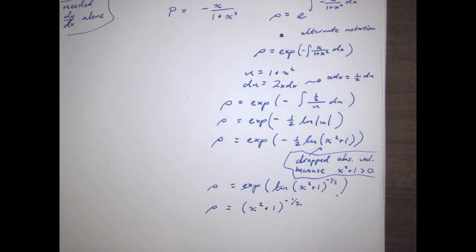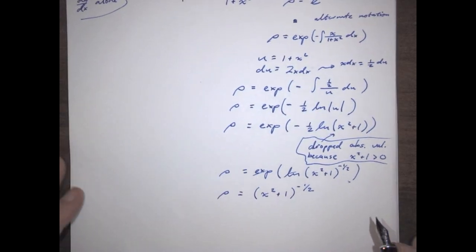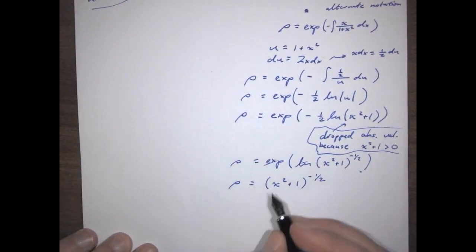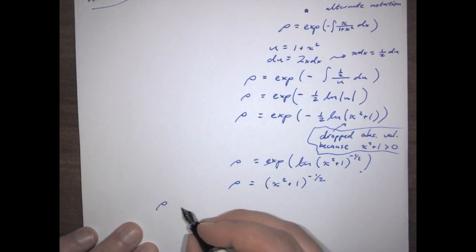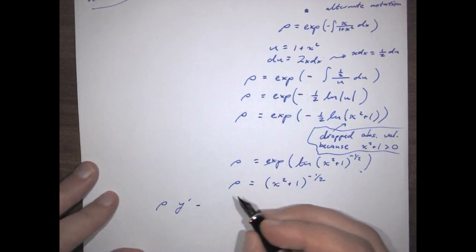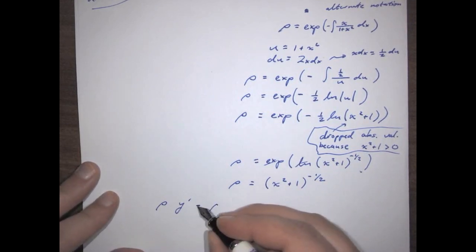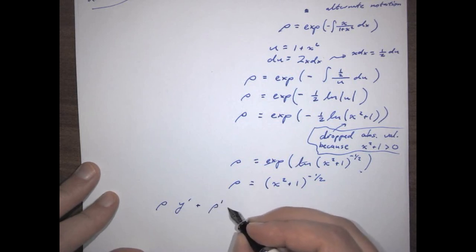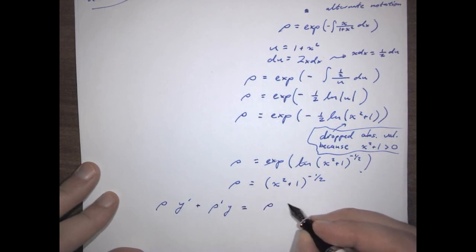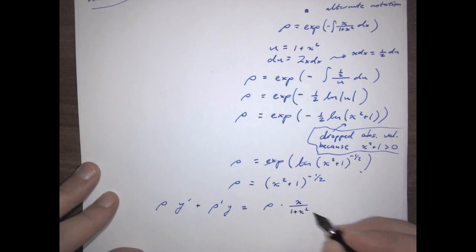And now what we do with this integrating factor rho is we multiply the entire equation by it, with the hopes of getting ourselves into the outcome of the product rule. Now then, rho y prime, minus, sorry, I should say plus rho prime y is equal to rho times x over 1 plus x squared.